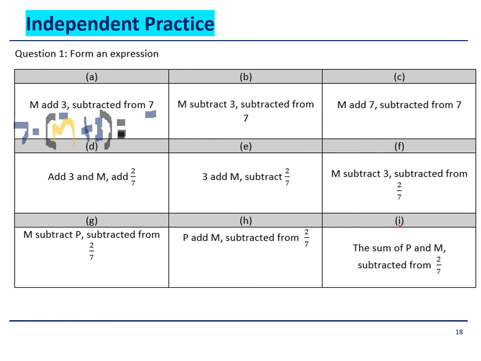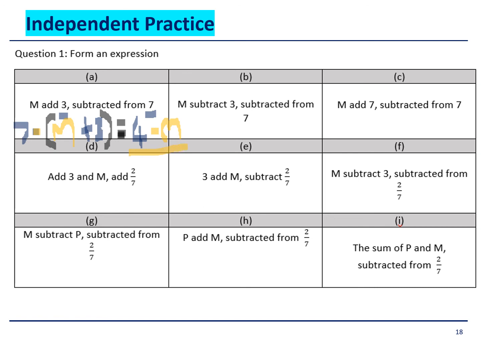Well, that's going to be 4. And then we've still got our subtraction symbol here, which is with our m that's still there. So then that is your simplified expression, 4 subtract m.